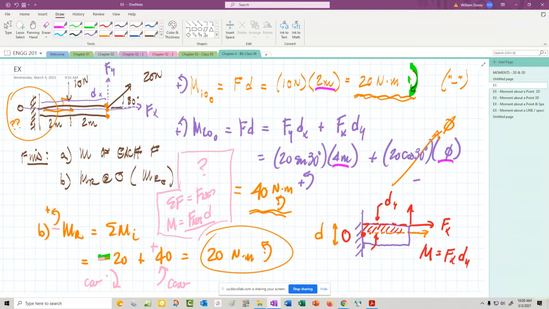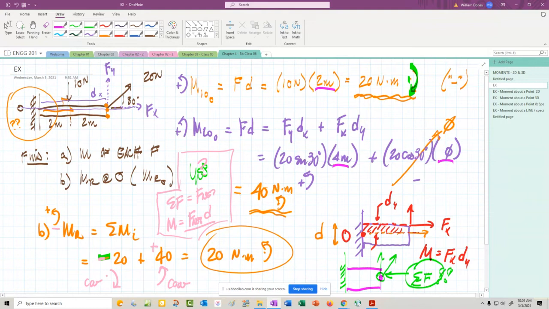However, if the problem, let me just draw it, I'll put it down here. If the problem had a bunch of forces that act all at the same point, if they're acting all at the same point, then yes, I could add them up first and then take the resultant force times that distance.